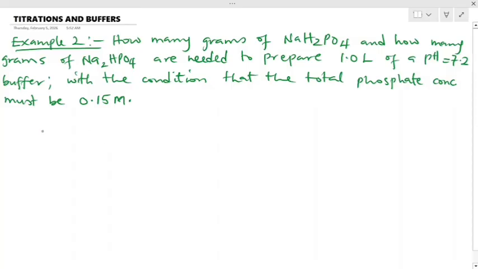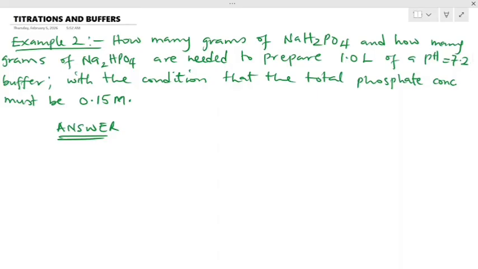To solve this problem, you really need to understand what exactly is going on with the chemistry, so as to understand exactly how to begin to solve it. So now let's look at some things. Here we are trying to prepare a buffer solution.